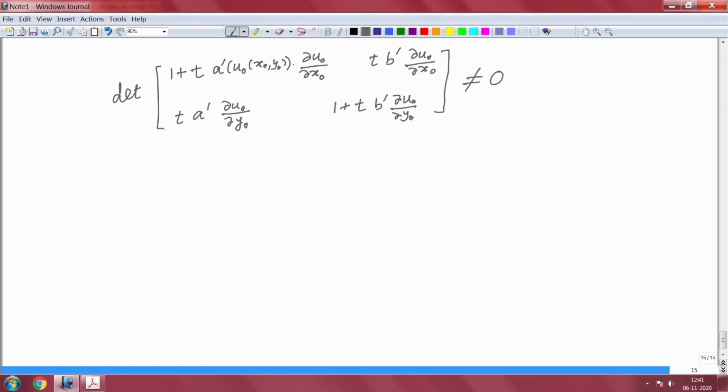Then the implicit function theorem tells us that x 0 and y 0 are expressible in terms of x y t. And what does this condition say? This is just a 2 by 2 matrix, so we can easily determine that it is 1 plus t b prime del u 0 by del y 0 plus a prime del u 0 by del x 0, which should not be 0.